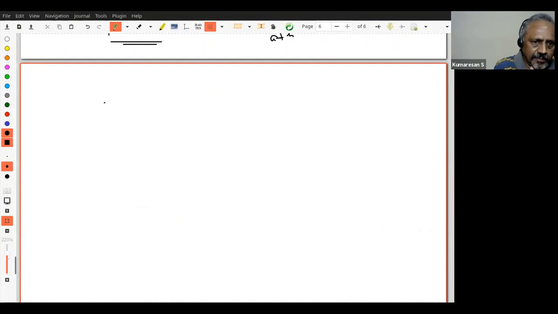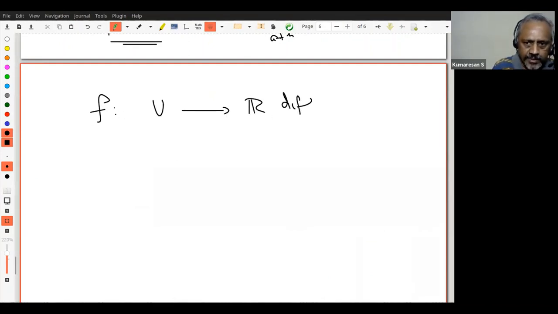Now let me assume f from U to R is differentiable at A, and let V be any vector in Rn. Now let's look at A plus T times V. I say this belongs to U if T is very near to 0.